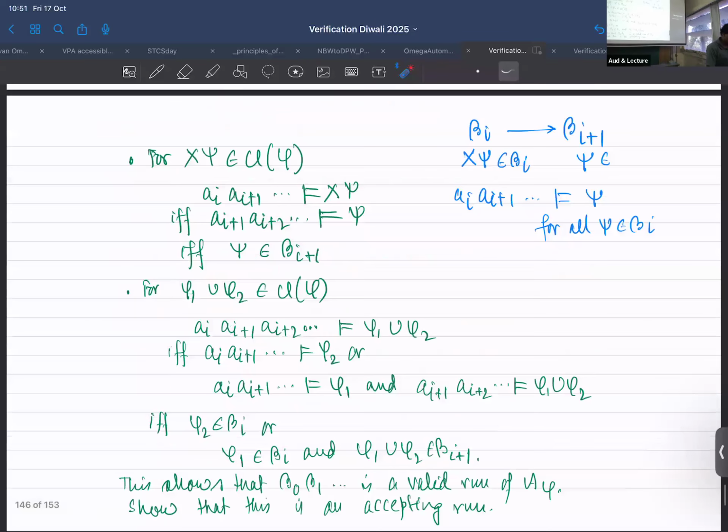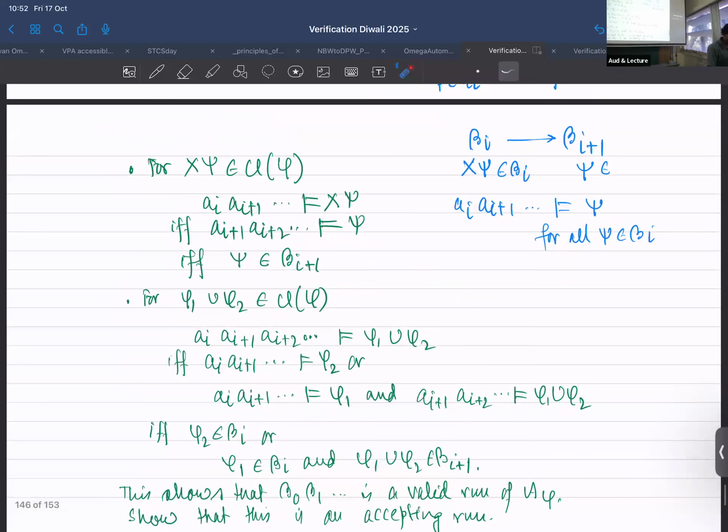So now we are saying that if indeed xi belongs to beta i, then by the definition of beta i, this satisfies x of psi. By the semantics of LTL, this should satisfy psi. That means that psi belongs to beta i plus 1.